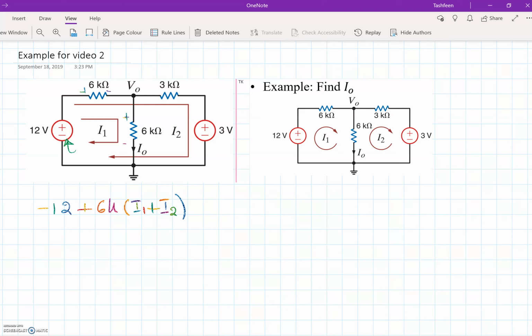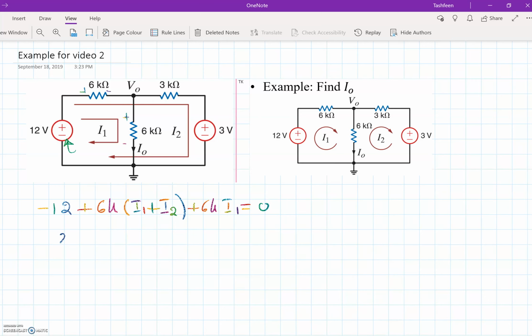And then I'll take this element here, remember I'm taking this current, so it will be plus 6k I1, and that should be 0, right? And then I can simplify it.